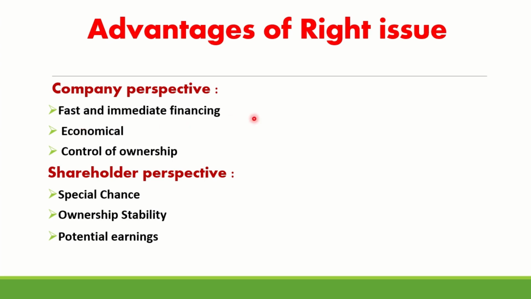If the company is applying for a bank loan, or getting money from any financial institution, there will be a lot of procedure and they need to wait. But from here it is not like that. They will fix the duration and announce it. Then they will issue the shares, and allocate a certain duration for shareholders to apply, and they will distribute, and it will be credited into a certain account.